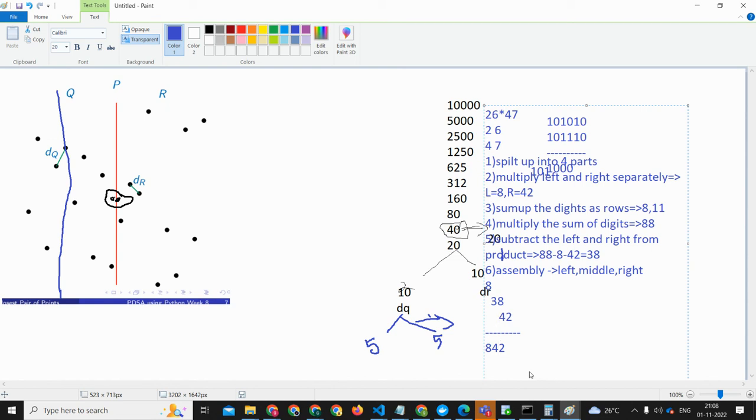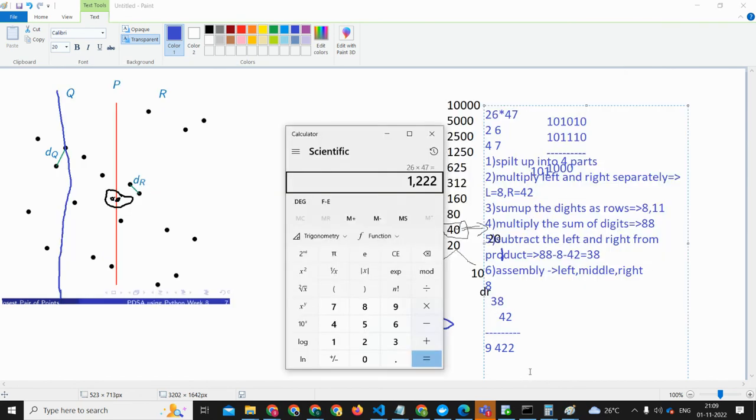Still we'll be getting 8 only at the start, but it should not be the case. 26 into 47, somewhere we are going wrong. 38 should be below 8. The 8, 8 plus 3 should be there. 800 plus 380 plus 042.